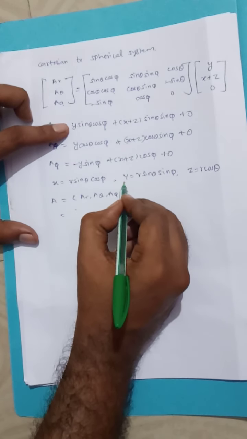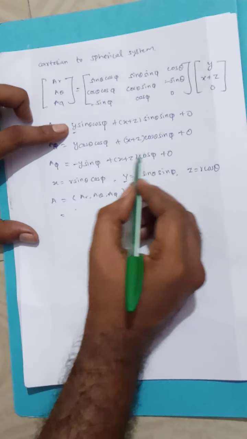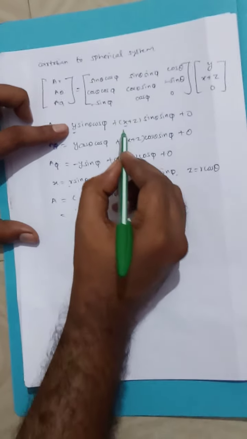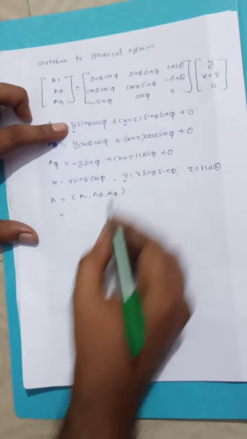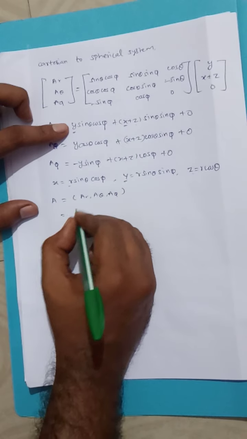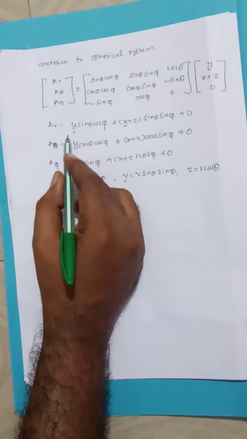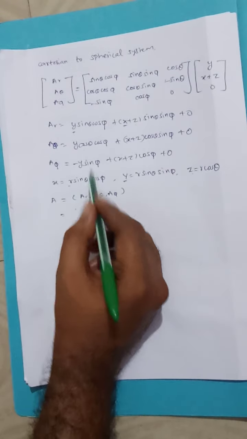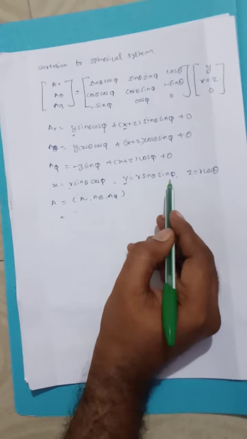So here you have the y value, right? This y value should be substituted here, r sin theta sin phi. Then the x value here should be substituted, and the z value wherever you have it. First, coming to the AR value, this term is multiplied with the term y. So y is given by r sin theta sin phi.